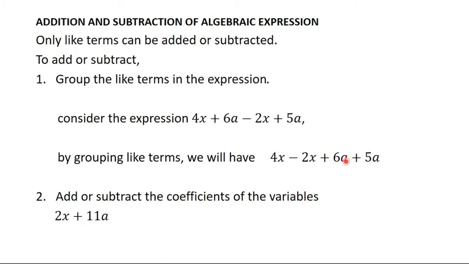Remember, from here we do not add a to a. The points told us that we add or subtract the coefficients of the variables. We don't subtract the variables. Once again, x is the variable in this case and 4 is the coefficient. So after you've grouped the like terms, you add or subtract the coefficients of the variables.